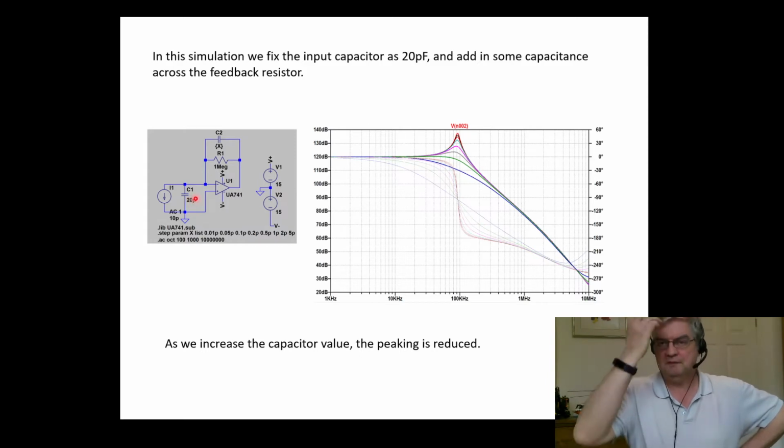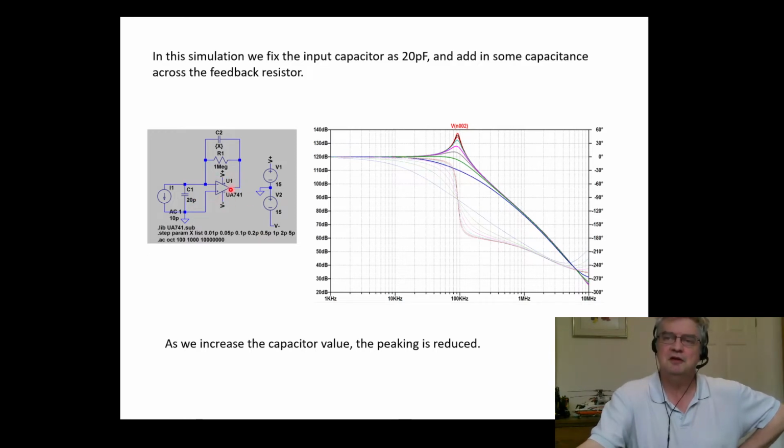And that was all great in theory, except the problem is that the gain all relies on this having a very, very high gain, and the gain of this is unfortunately dependent on frequency. So as we move to high frequencies, we tend to find that the open loop gain of this tends to fall away, and that means the virtual earth starts to not be as effective as it once was.